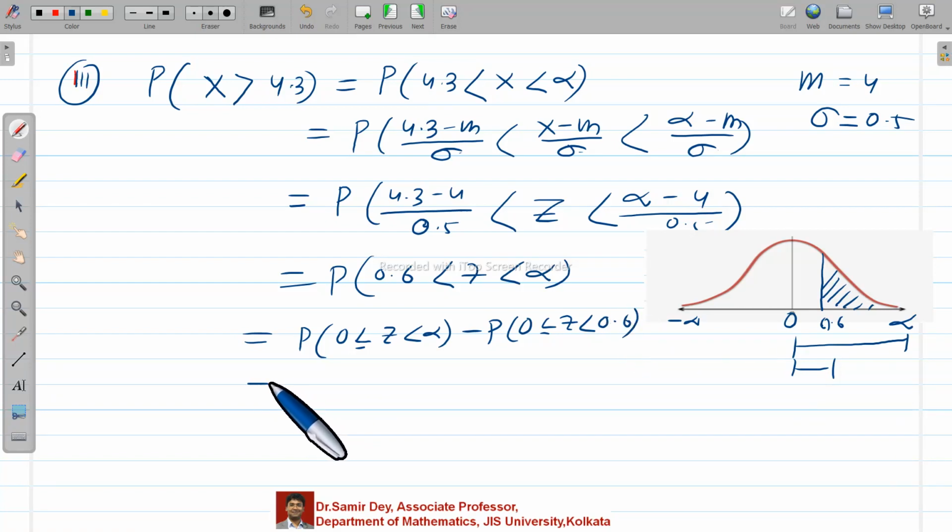Clear? Now it is coming, you already know the half probability is 0.5, and this is the value. What is your given value? Anyone? I'm waiting for you. Already you have the formula information in your question paper. Please check what value is given.